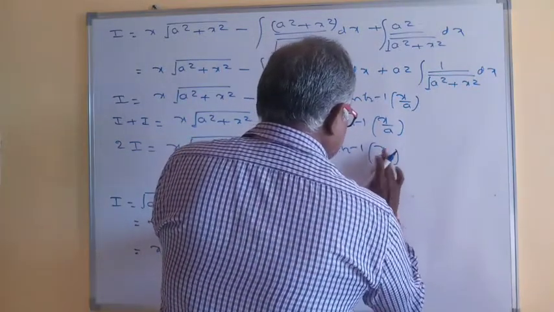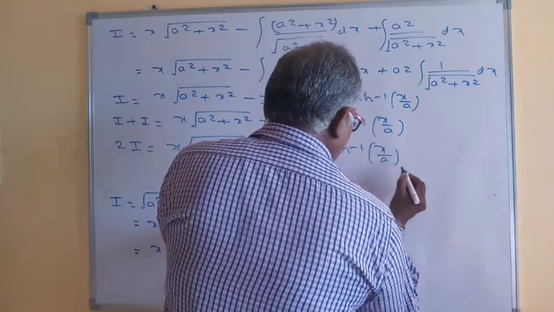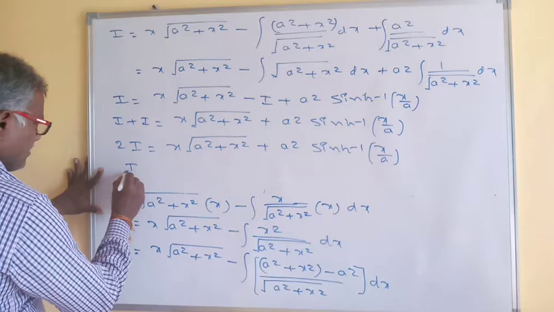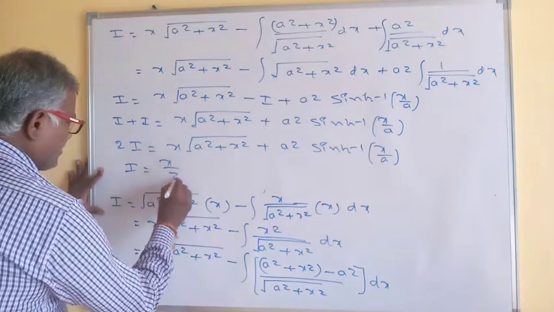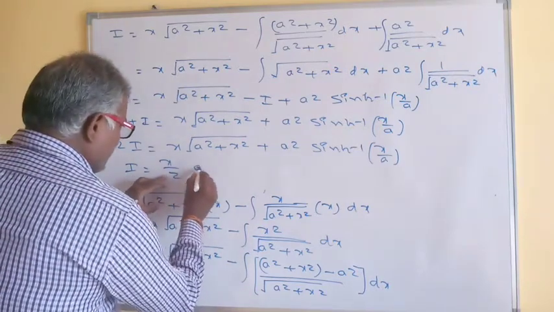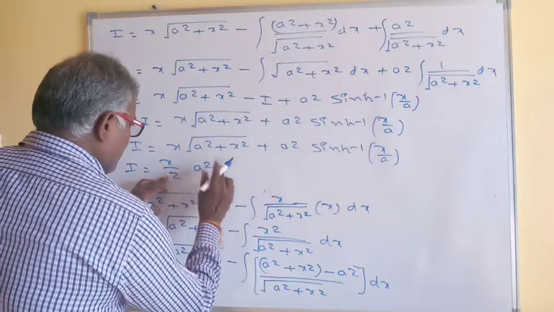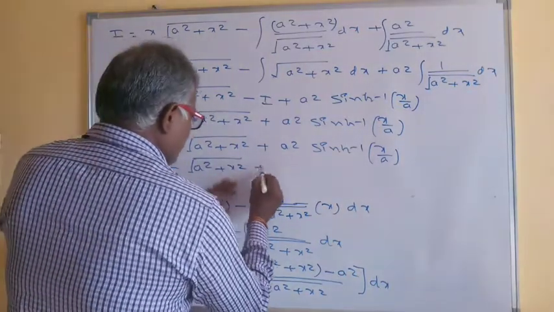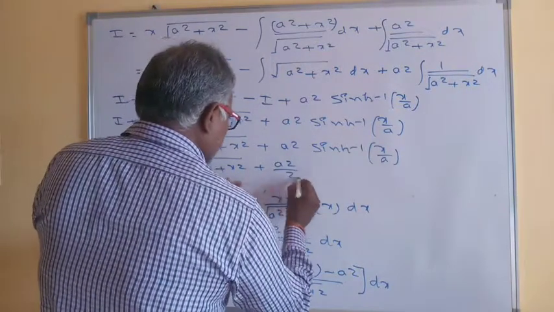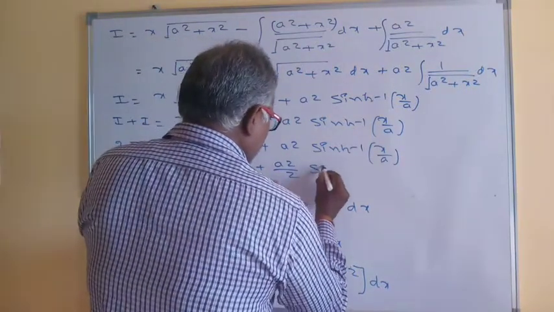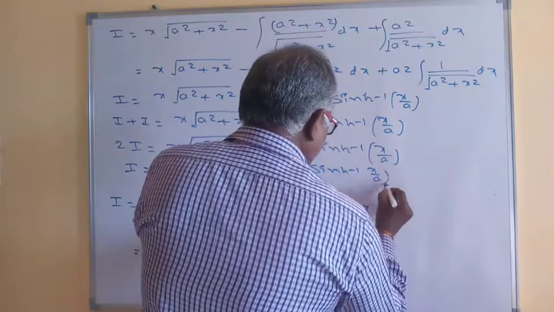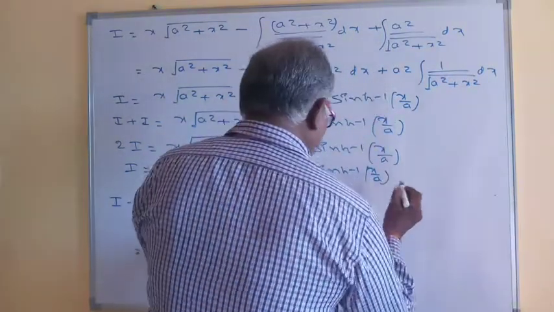Therefore, I is equal, dividing by 2, x by 2 into root of a square plus x square plus a square by 2 into sin h inverse x by a, plus c.